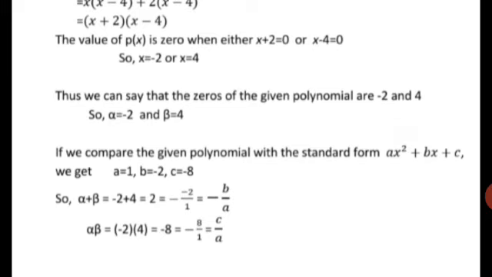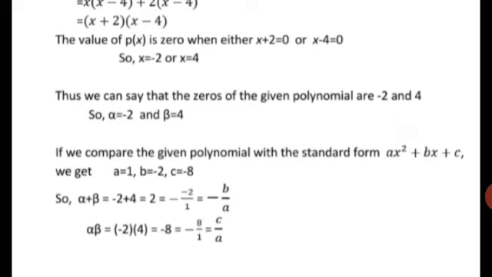Mathematically it is correct, minus minus becomes plus, 2 upon 1 is 2. So, I have just rearranged 2 as minus of -2 upon 1, and alpha beta, which was equal to -8, I have just rearranged it as -8 upon 1. This is rearrangement only. You will slowly come to know why we rearrange.